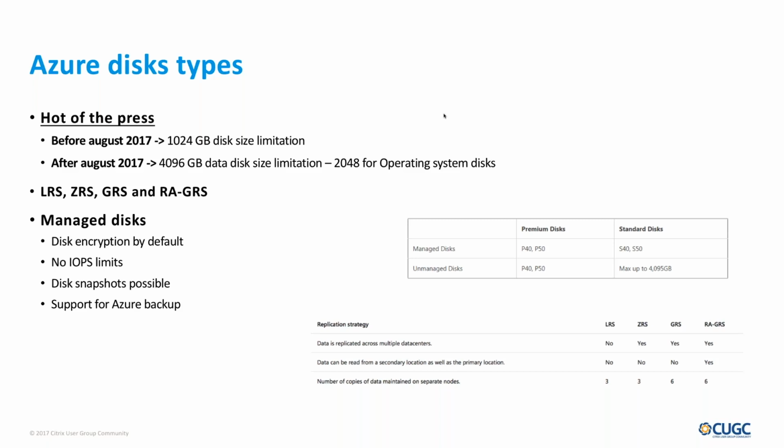Another option that is available is disk snapshots. Just like you are used to on your on-premise hypervisor, you can use snapshots to restore to an earlier date and time of your virtual machine. It's also supported to activate Azure Backup, so you can also restore to later restore points in Microsoft Azure Backup.